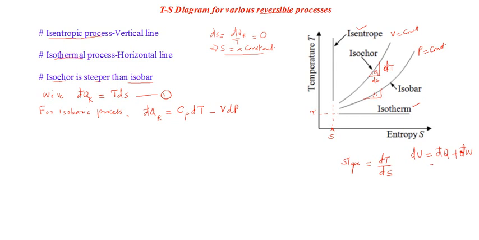We kept d̄q the same, and d̄w is equal to minus P dV. Therefore d̄q will be equal to dU plus P dV.